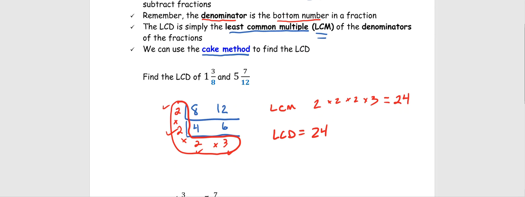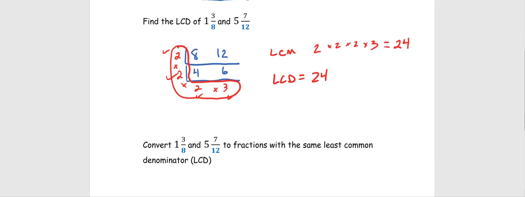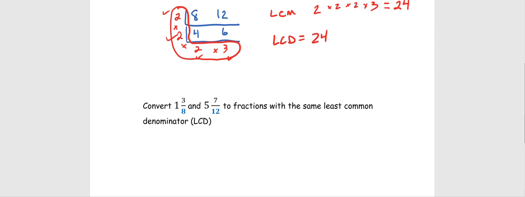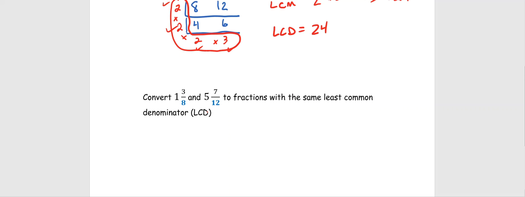From here, what we need to do is to be able to take that information and convert these two numbers to fractions that share that denominator. So what I like to do is to start by rewriting my numbers, 1 3/8 and 5 7/12. And I like to just stack them on top of each other.